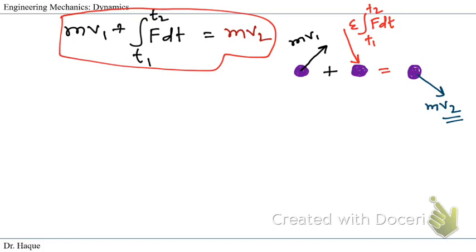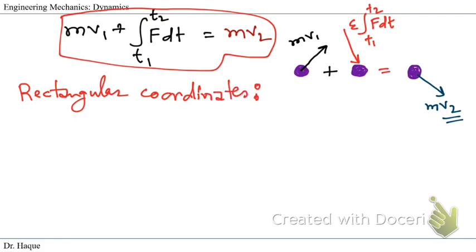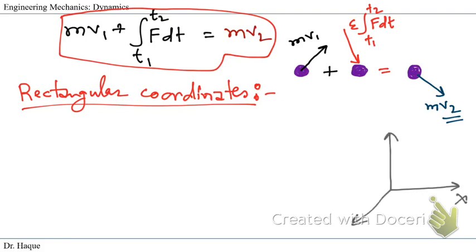If we break it down in rectangular coordinates, we will have equations for the x direction. Let me draw a rectangular coordinate system: x, y, z.